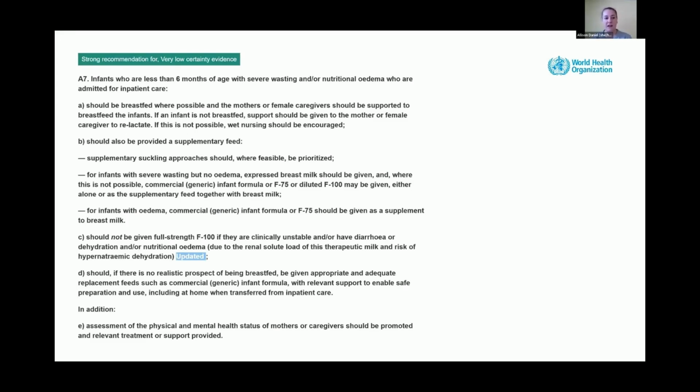And that states that infants who are less than 6 months of age with severe wasting and/or edema who are admitted for inpatient care should not be given full strength F100 if they're clinically unstable and/or have diarrhea or dehydration and/or nutritional edema. We did also float the idea of expanding this recommendation to the broader group of infants at risk of poor growth and development, but the GDG felt that we did not have the evidence to do so. So that's the only update to that past 2013 recommendation.